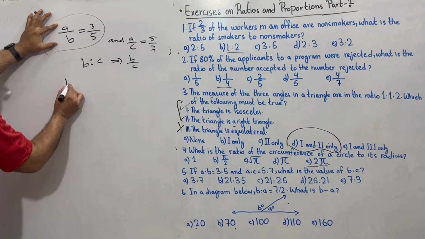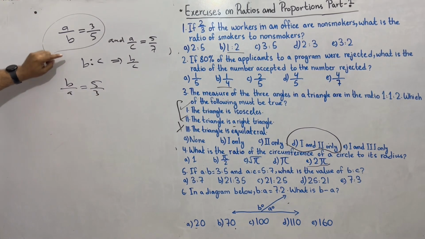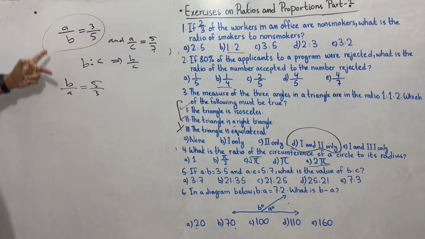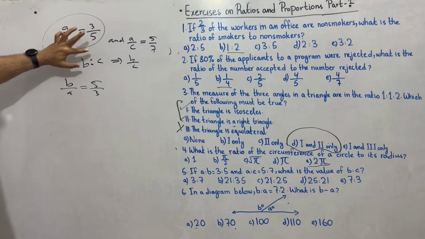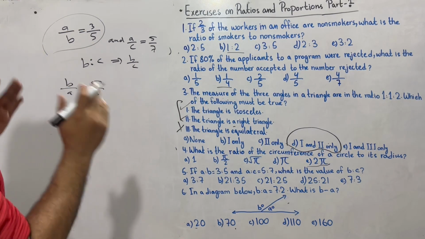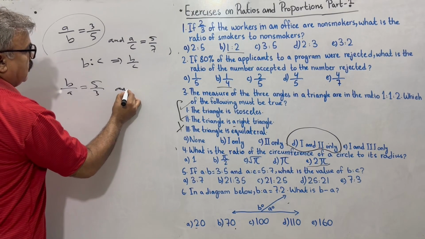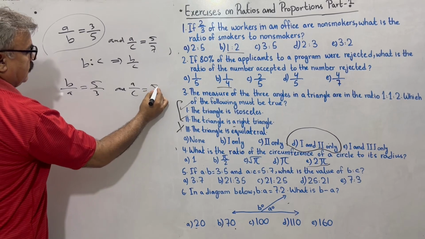A over B, I need B over A. It will become 5 over 3. B over A, I have taken the reciprocal on both sides, and A over C is 5 over 7.